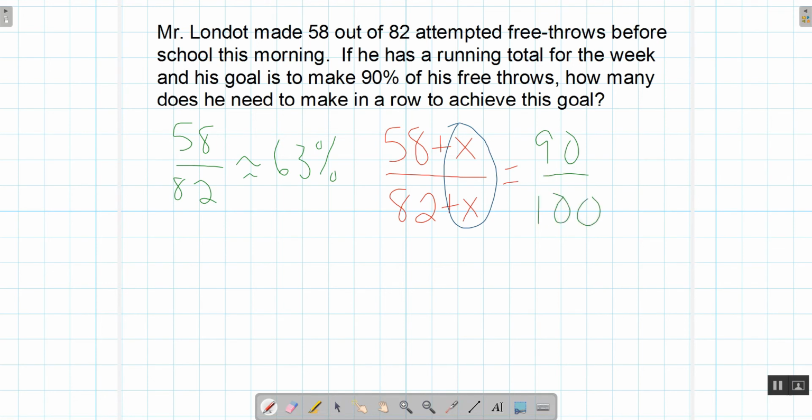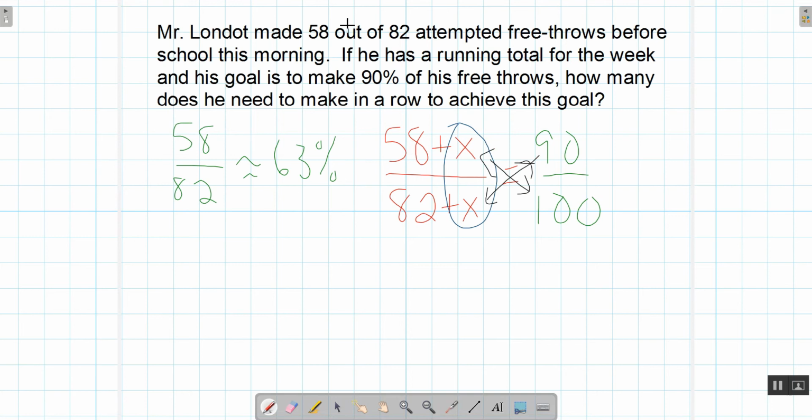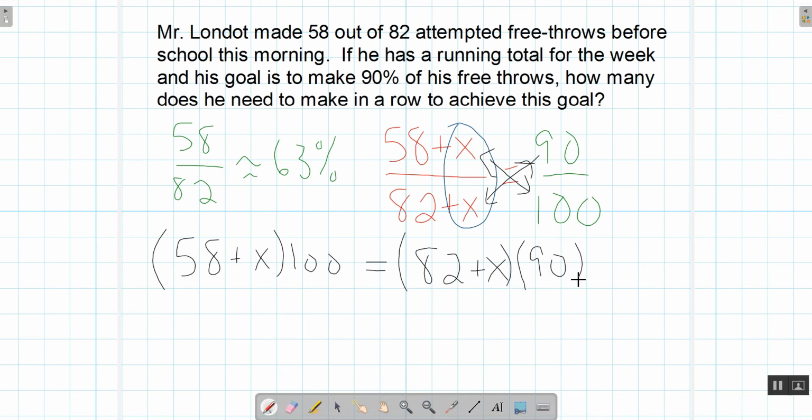So this problem, again, if we treat this with rationals, we're going to simply cross multiply. So we get 58 plus X times 100, and that's going to equal 82 plus X times 90. Now we do some simplifying because we can cancel out one of the zeros from 90 and 100.